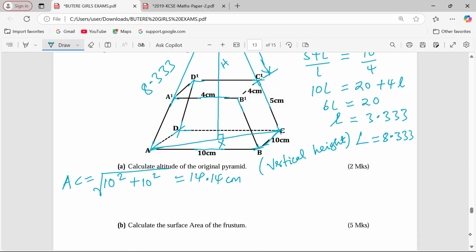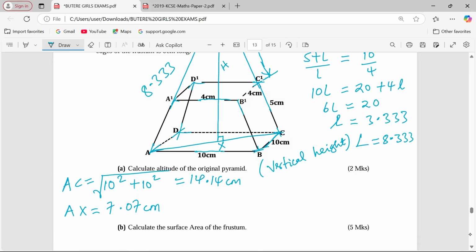That's length AC. So what about length AX? We divide AC by 2. This gives us 7.07 centimeters.